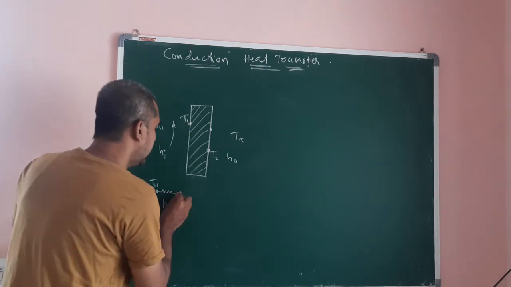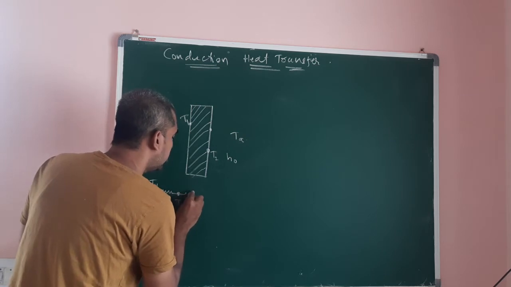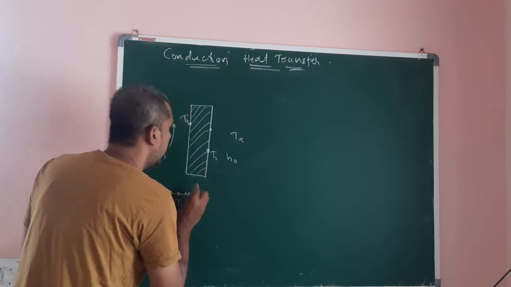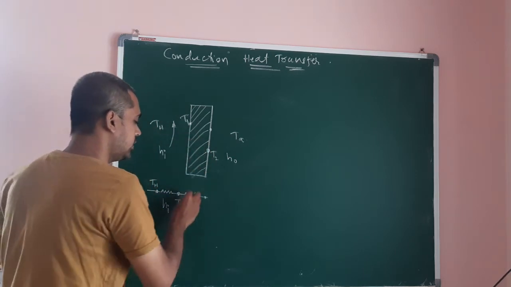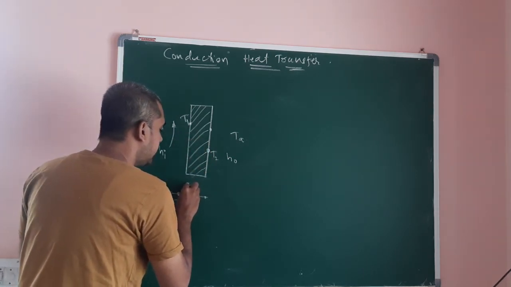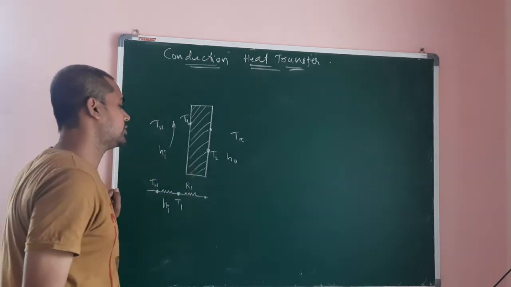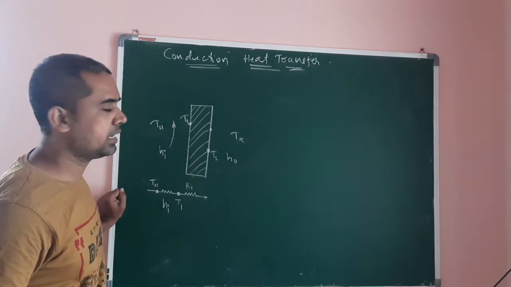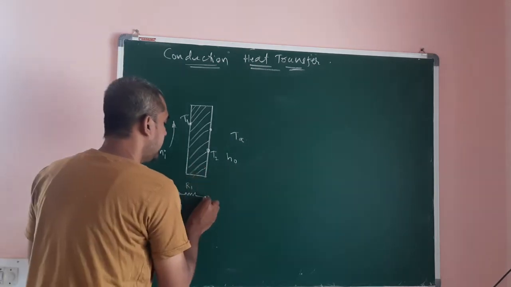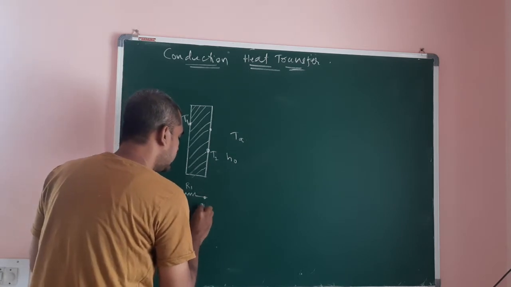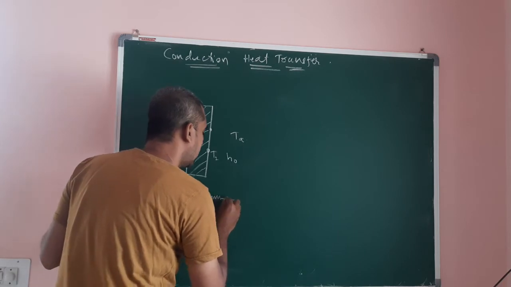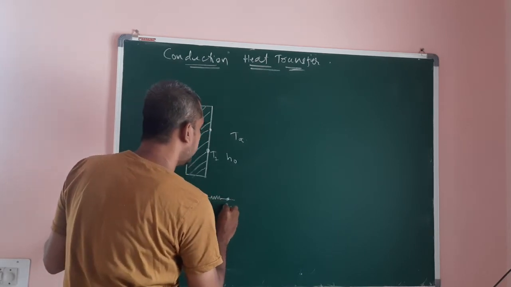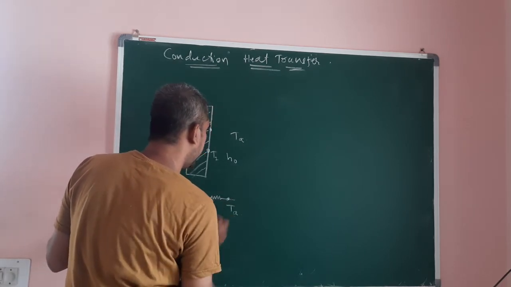After that, heat flows through conduction in the solid wall. Let R1 be the thermal resistance due to conduction, and the temperature here is T2. Again there is convection here, and the temperature is TA, the ambient temperature.